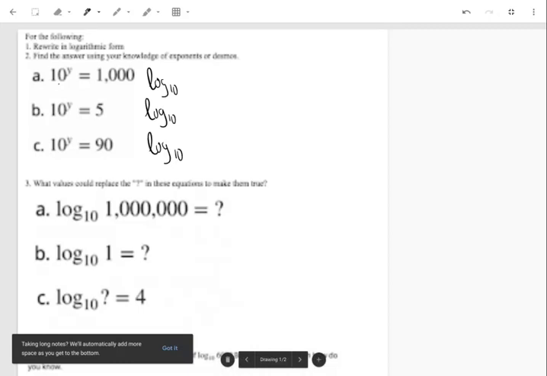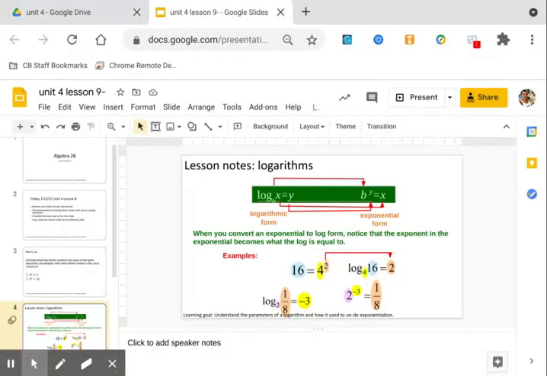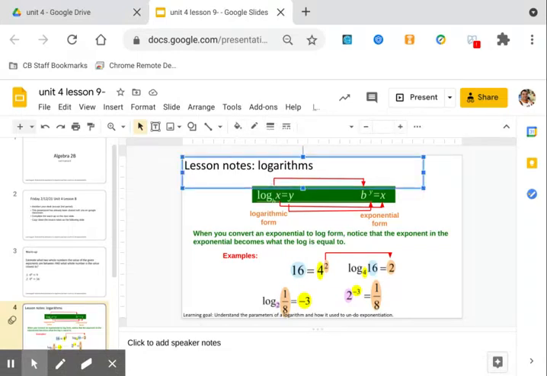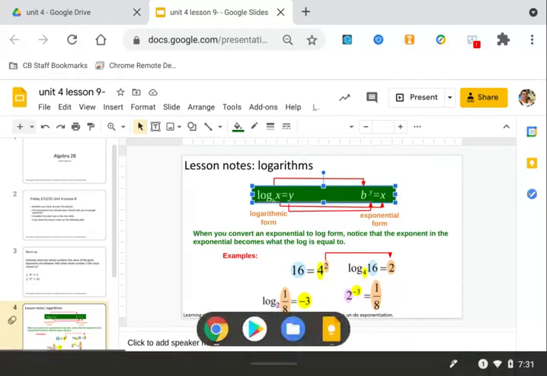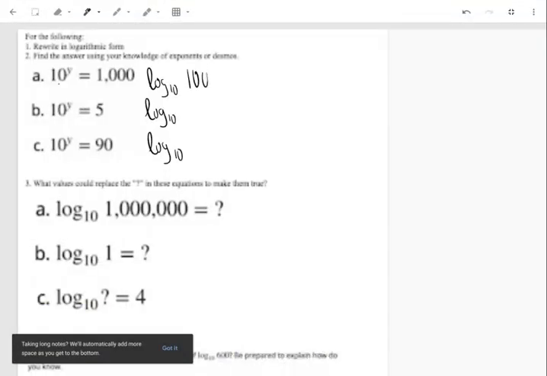And then what goes after the log is this number right here. In this case, that's going to be 1,000, 5, and 90. So log base 10 of 1,000 equals y. Log base 10 of 5 equals y. Log base 10 of 90 equals y. So that's the first part here.